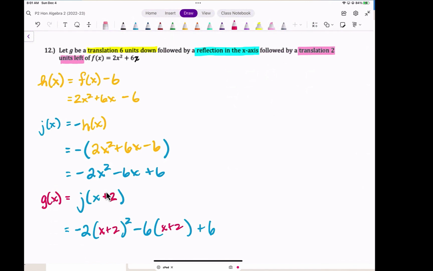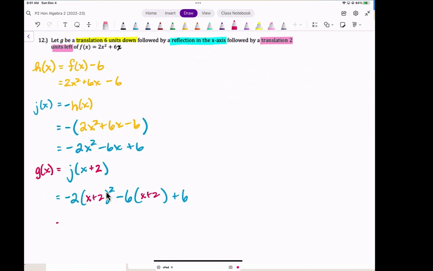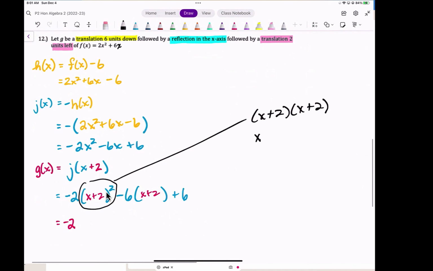And at this point, all we have to do is a little bit of algebra. So I will first, how about this? This guy right here should be x plus 2 times x plus 2. And if I multiply it, I get x squared plus 2x plus 2x plus 4, or x squared plus 4x plus 4. So it'll be negative 2 times that.